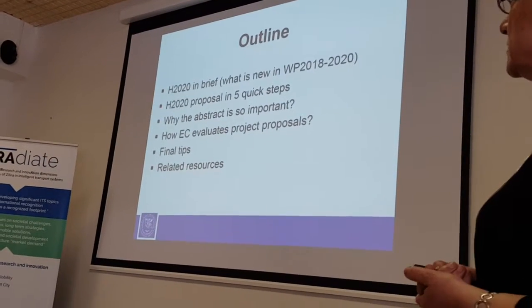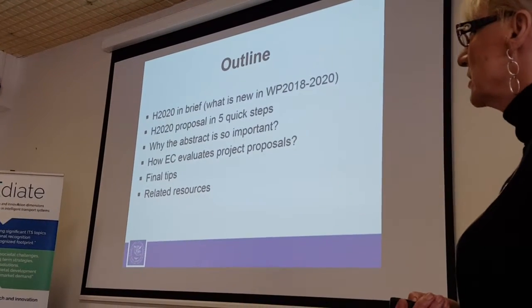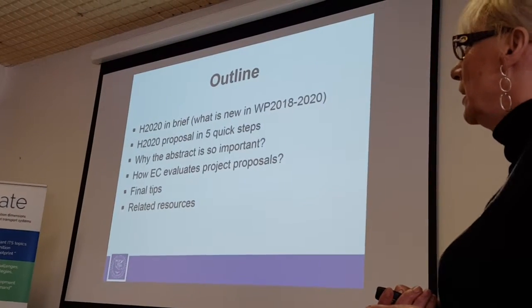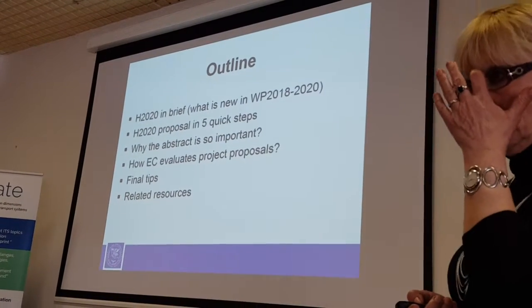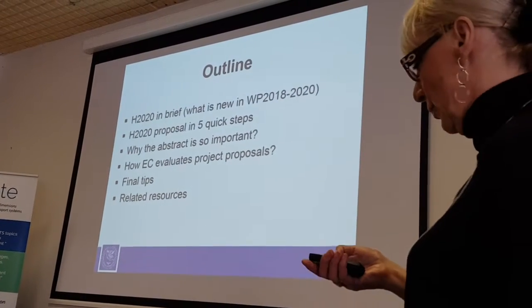Why the abstract is so important, how the Commission evaluates project proposals, some final tips, and some related resources that you can use or you should use when preparing a project proposal.